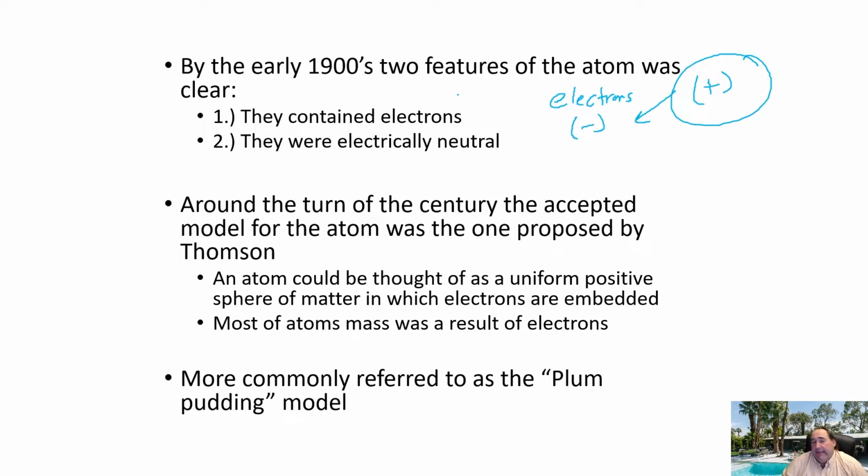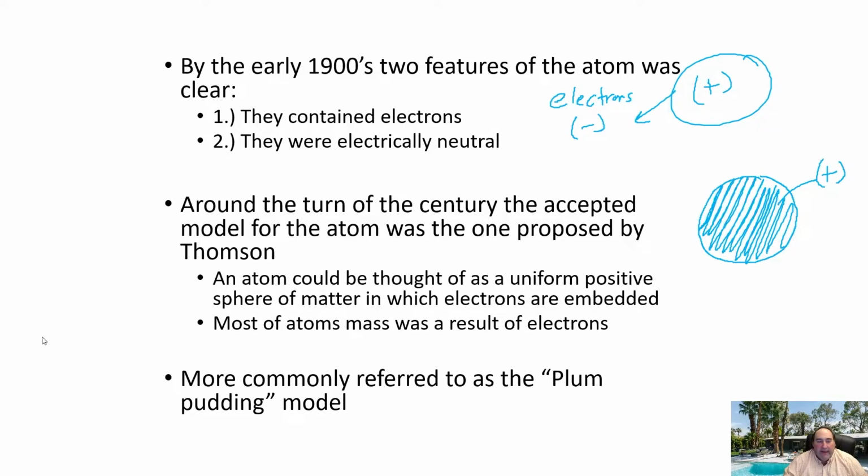Around the turn of the last century, the accepted model for the atom was one proposed by Thomson. Thomson thought of the atom as a sphere of positive charge. He felt the atom had all this positive charge spread out, diffused over the entire atom.